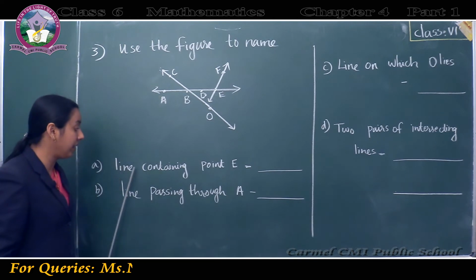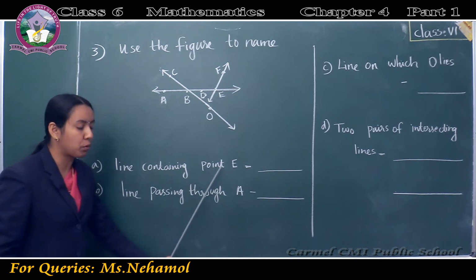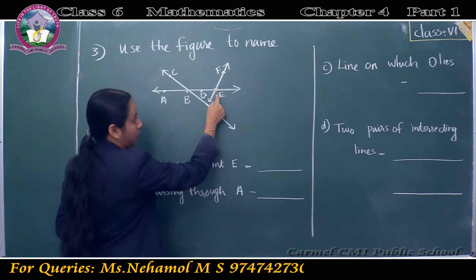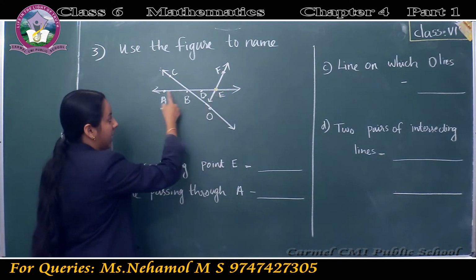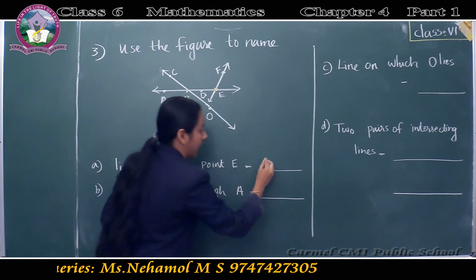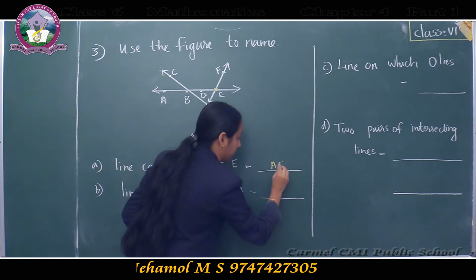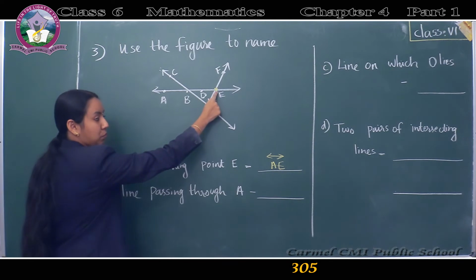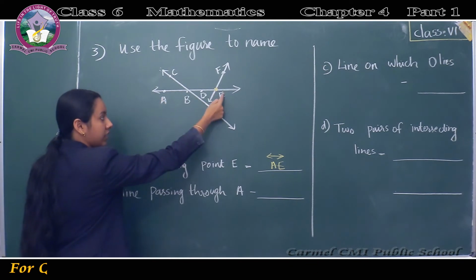First we have to find the line containing point E. This is the point E. Then the line containing point E is line AE.